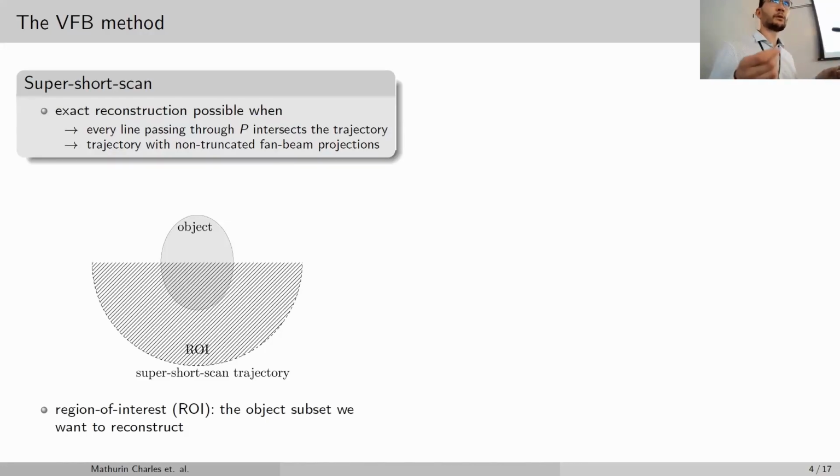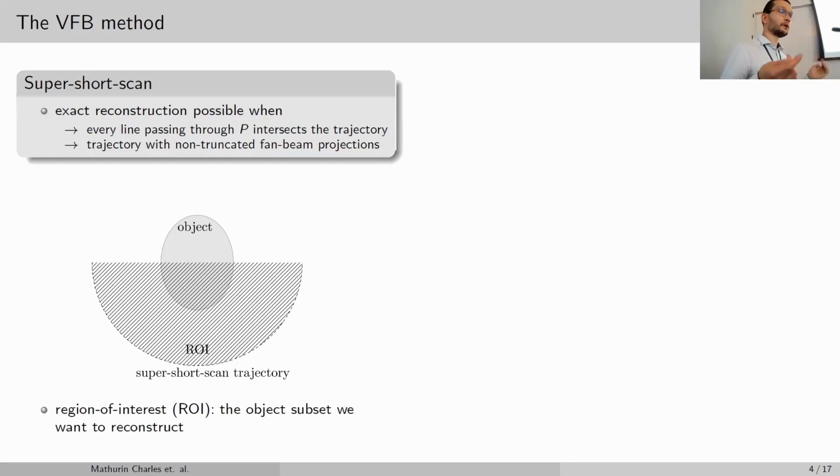So we can exactly reconstruct all the area in the convex hull of the trajectory. You may have recognized the 2D analogue of the three sufficient conditions: every line through the point intersects the trajectory, and we have a non-truncated projection. So here again, we need non-truncated projection.